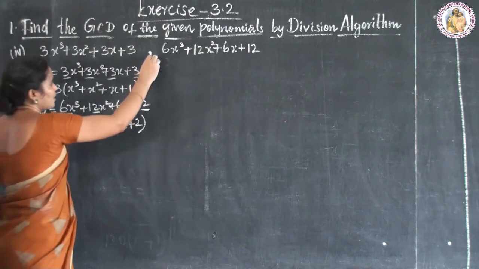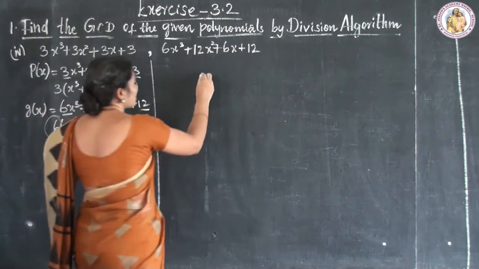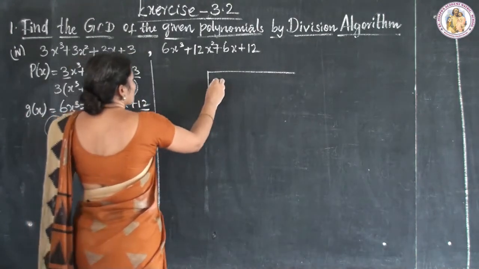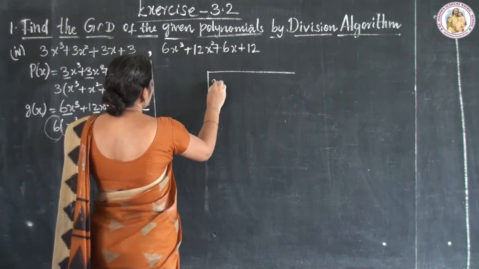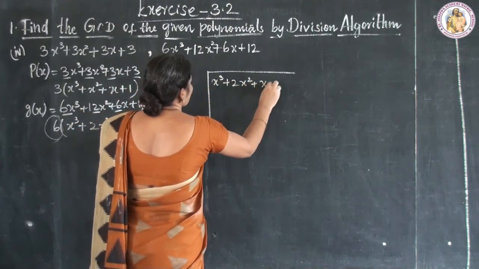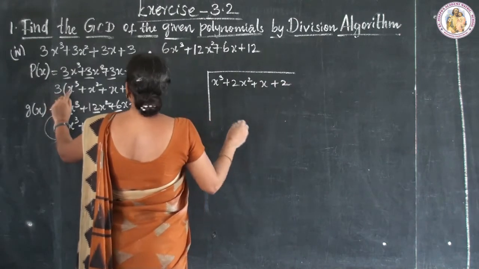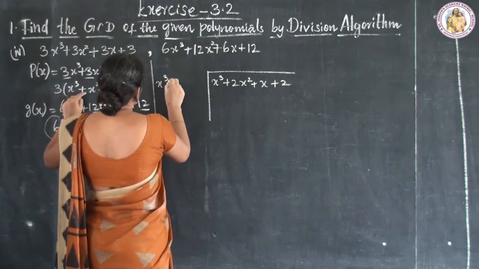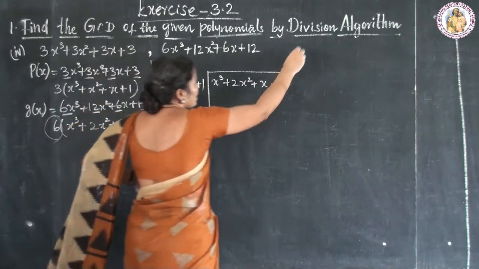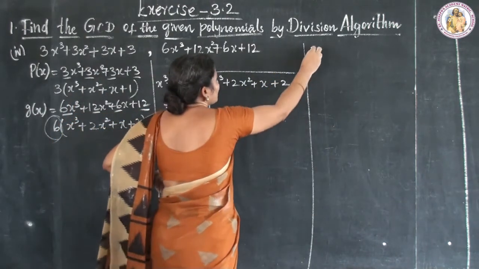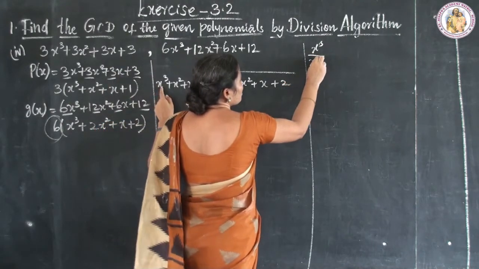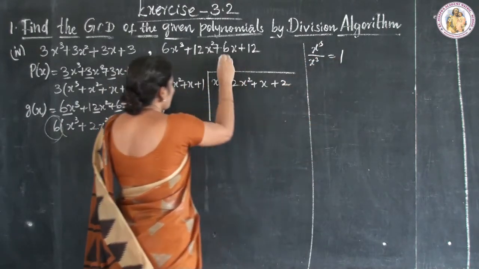of x, divide with g of x. Write x cube plus 2x square plus x plus 2, and write p of x, x cube plus x square plus x plus 1. Take the first term, that is x cube divided by x cube. X cube cancels, we get 1.